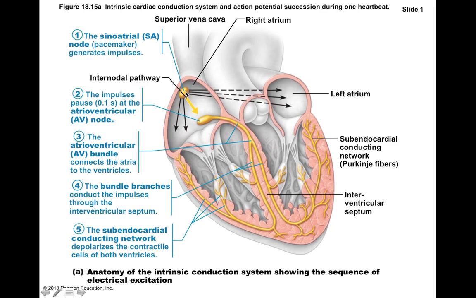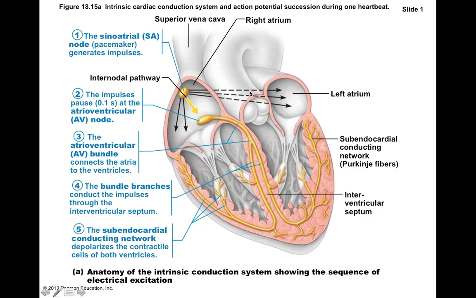Now, once those action potentials are generated, they spread across the atria through the atrial muscle. For instance, I've got a question for y'all. What type of action potential are the SA node cells making? Is it a cardiac action potential or a pacemaker action potential? Pacemaker, and that's very different than a cardiac action potential, right? Those pacemaker action potentials then stimulate the muscle cells of the atria to start to make cardiac action potentials.